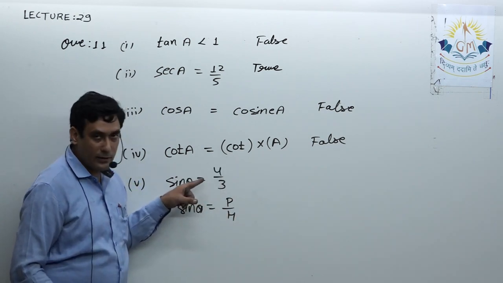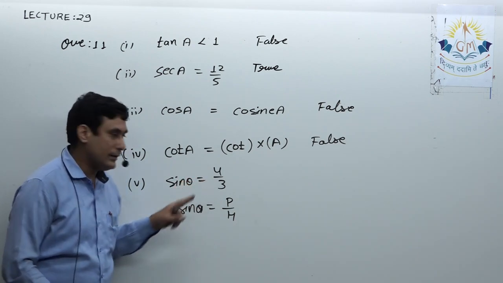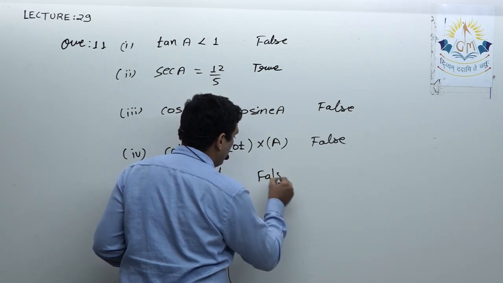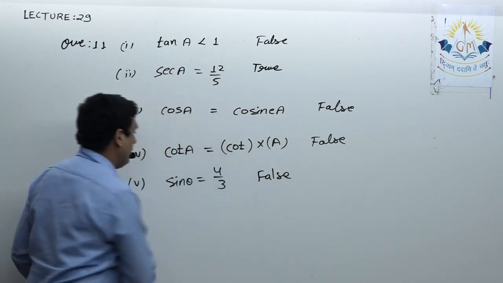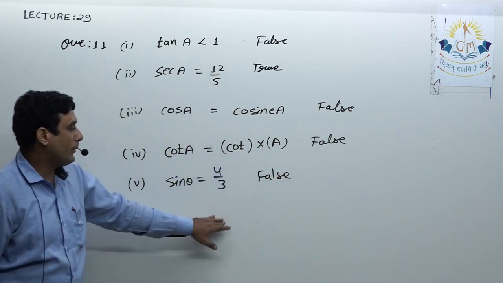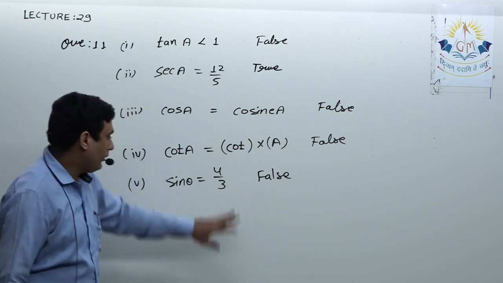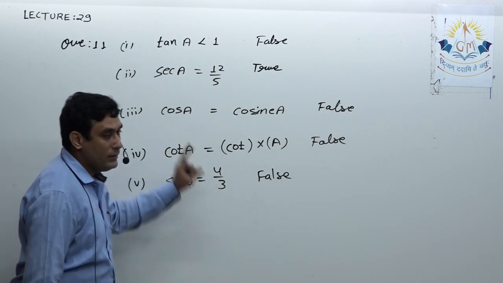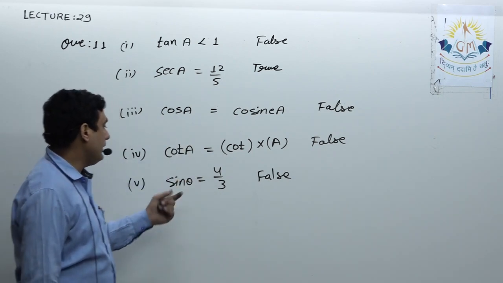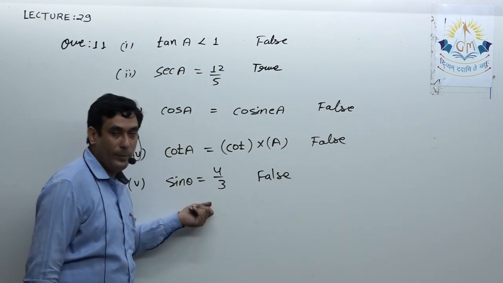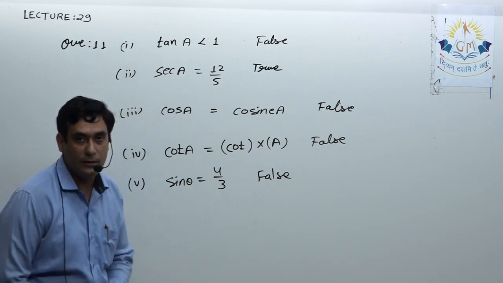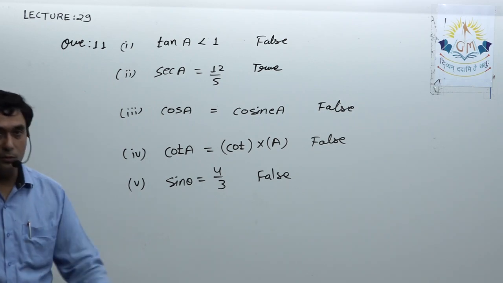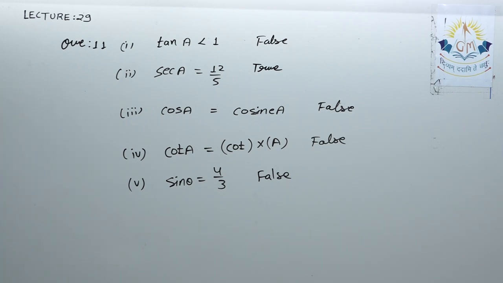Here the denominator is smaller than the numerator. This means this is not a correct value, so this is a false statement. Sin theta equal to 4 by 3 is false, because for sin theta to exist, the denominator must be greater than the numerator. So please note it down.